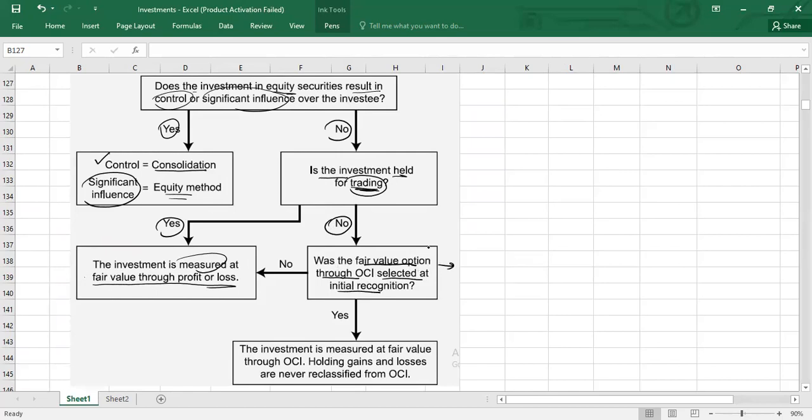Because here you have an option. You can take gains or losses to OCI, which will never be reclassified. If yes, the investment is measured at fair value through OCI. Holding gains and losses are never reclassified from OCI. So this is what you do under IFRS.